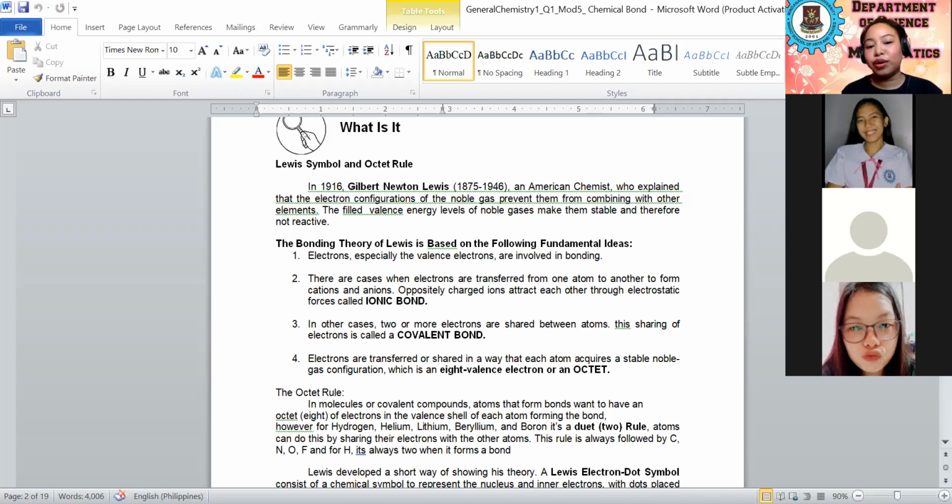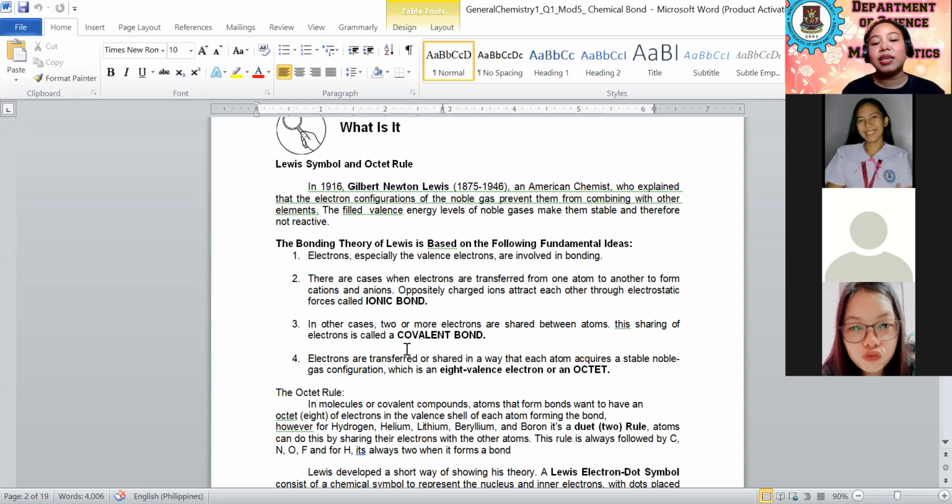So if the electrons and protons are not equal, we call it an ion. So one becomes positive, ang nag-lose og electron, one becomes negative, ang nag-gain og electron. So since one particle is positive and the other is negative, they attract each other. And they form one particular new compound. We call that bond between them the ionic bond.